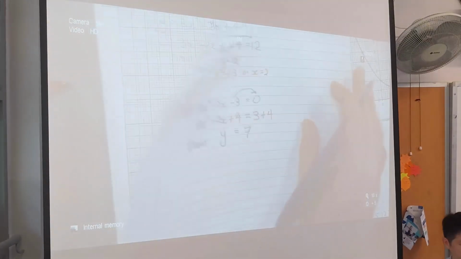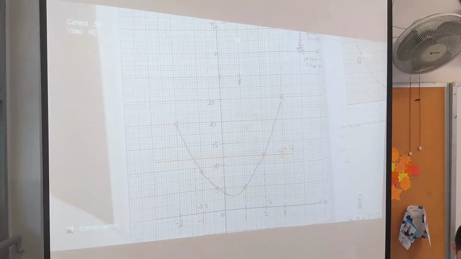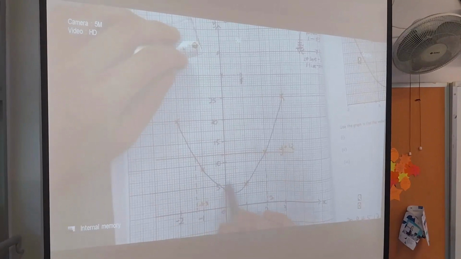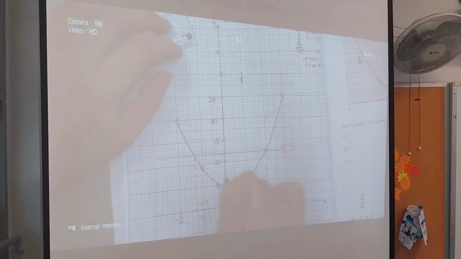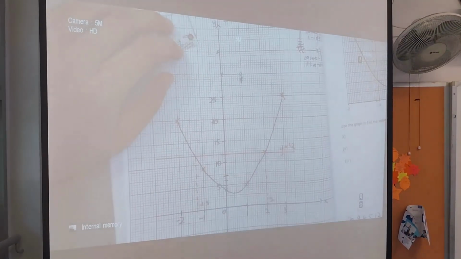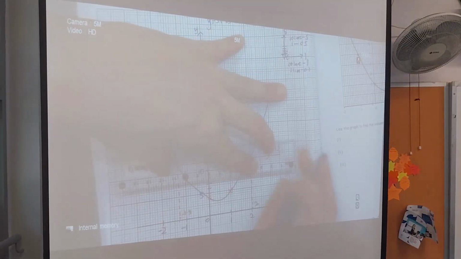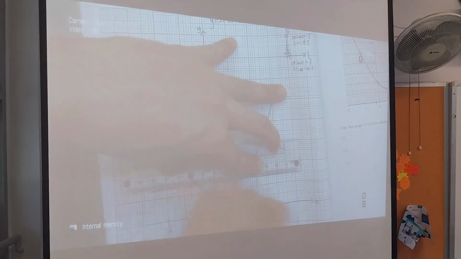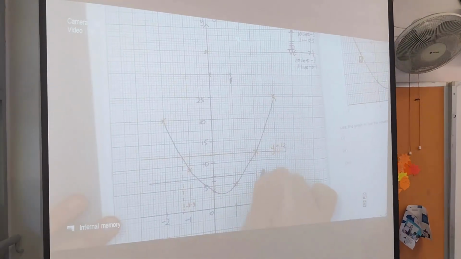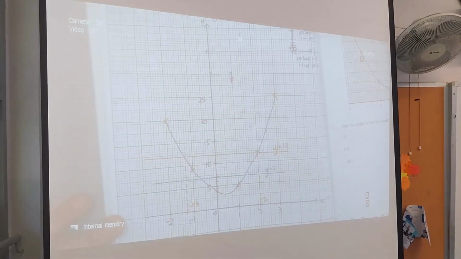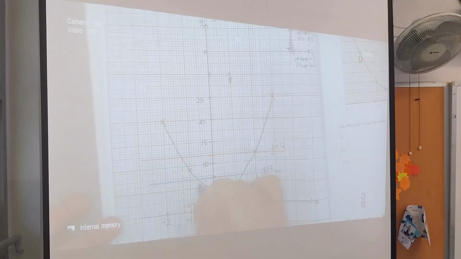Okay, so now once more, I'm going to draw y equals to 7, at 5, 6, 7. So I will draw another horizontal line, and this is y equals to 7. That will give me 2 more x values.